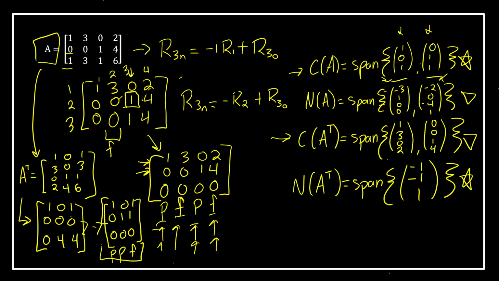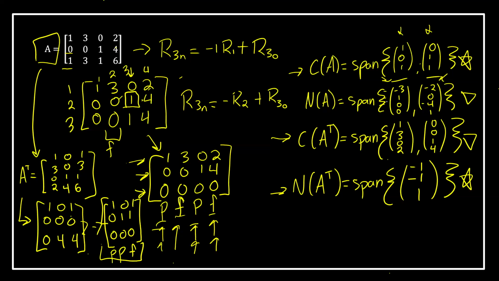Similarly, for our left null space and our row space, we have 2 vectors in our row space and 1 vector in our left null space, and those add up to 3, which is the number of rows we have, which is another mental check to make sure you did everything right.